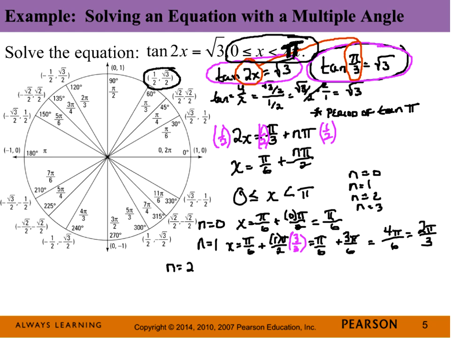All right, when n is 2, I have x equals pi over 6 plus 2 times pi over 2. Those 2's divide out. I do need to go ahead and get a common denominator though, so I'm going to multiply by 6 over 6.